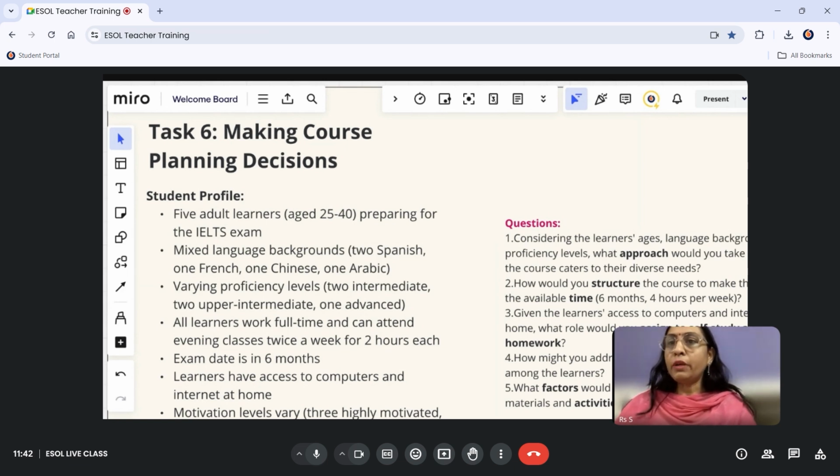And if I talk about the factors I can consider, here I have the age factor and language factor, so I should select material according to their need. We can provide them some vocab or listening material, or speaking words which they can practice again and again.